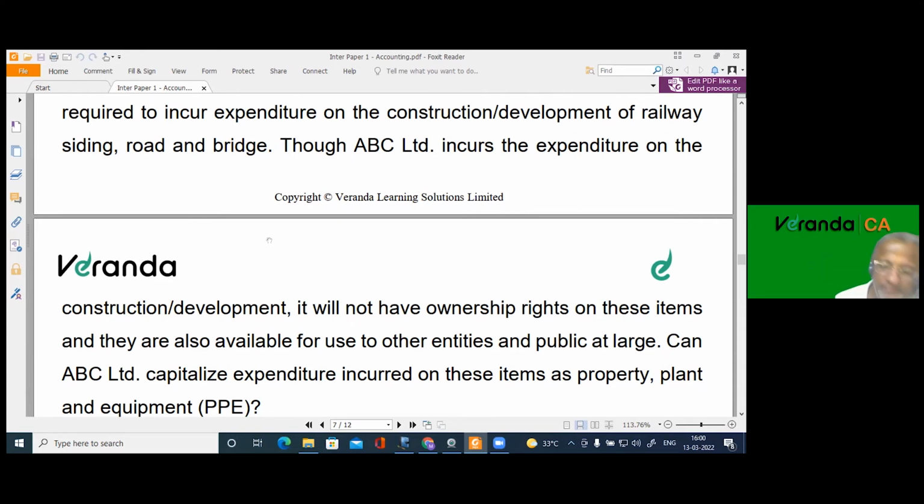Whether the money they have spent in constructing and developing sidings, roads and bridges can be taken for capitalization is the question. Before I communicate the final answer, let me find out from you: what is your stake on this? Come on. I have asked you a question. You can take a minute's time and answer.